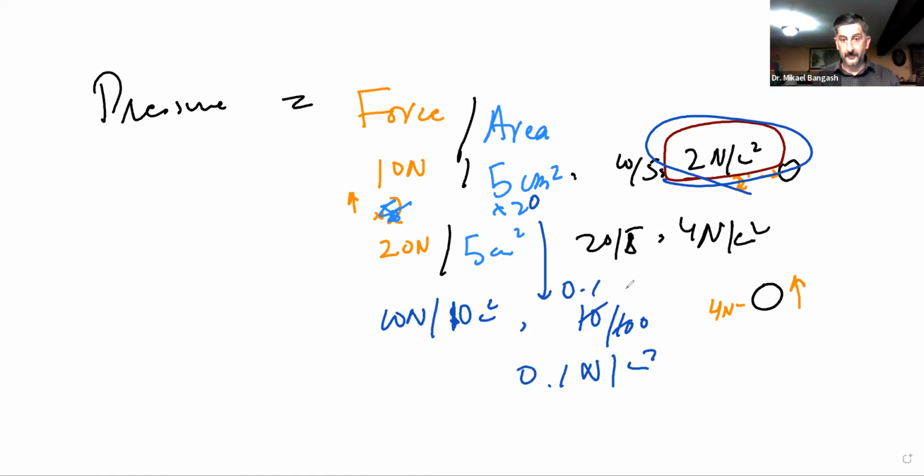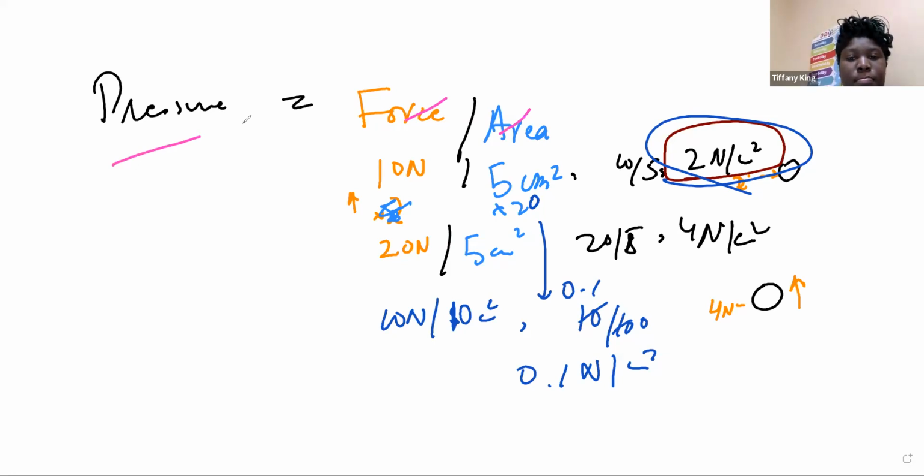Because you increased the area 100 times while keeping the force constant, the pressure becomes just 0.1 newton per centimeter square. It's simply a matter of dividing the force by the area. That will give you the pressure.